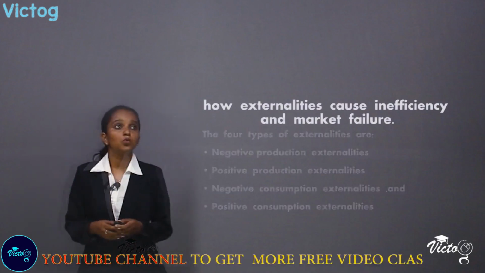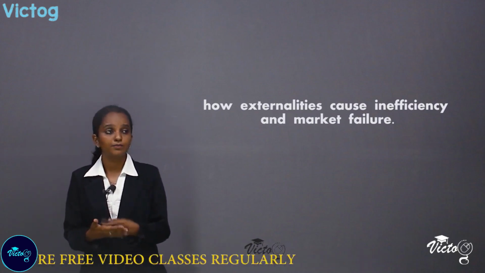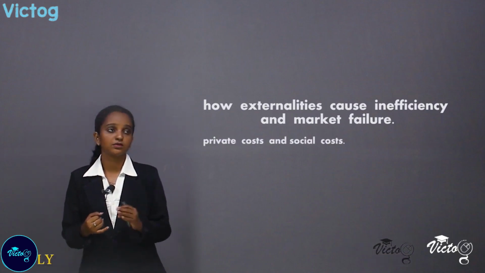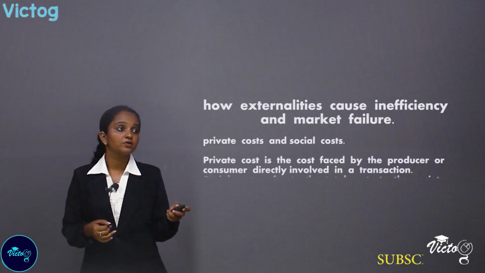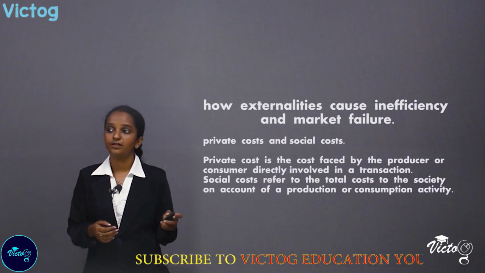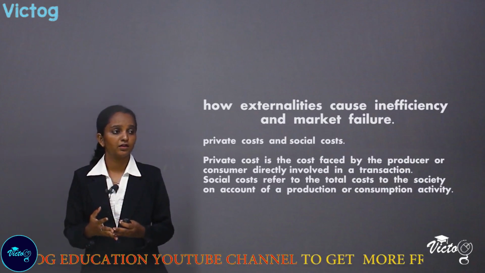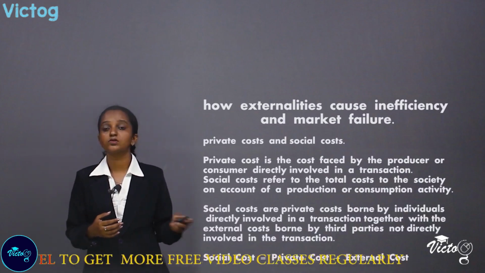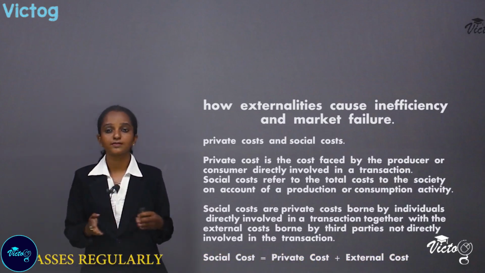Now what we need to look into is how externalities cause inefficiency and market failure. Here we have to look at two important terms related to cost: private cost and social cost. Private cost is the cost faced by the producer or consumer directly involved in the transaction. These costs include labor cost, energy cost, etc. On the other hand, social cost refers to the total cost to society on account of a particular production process or consumption activity.